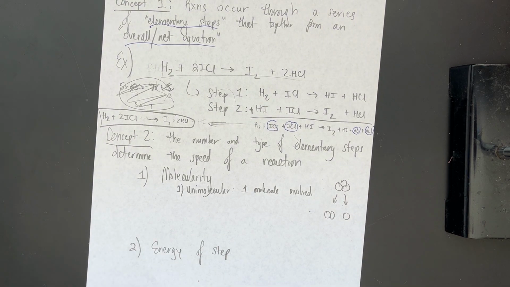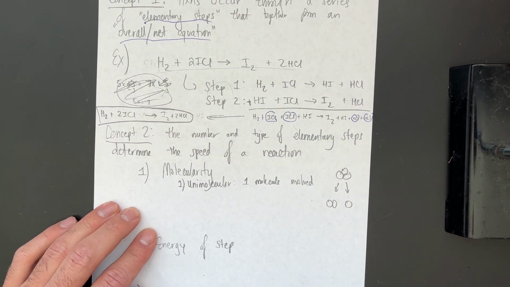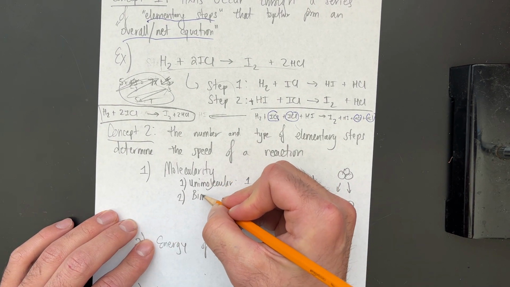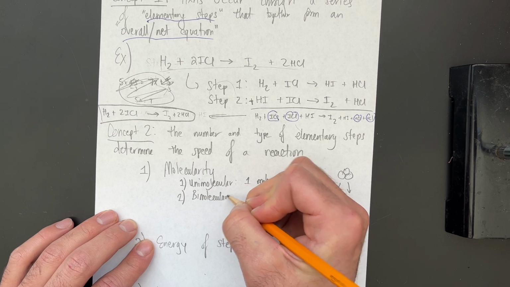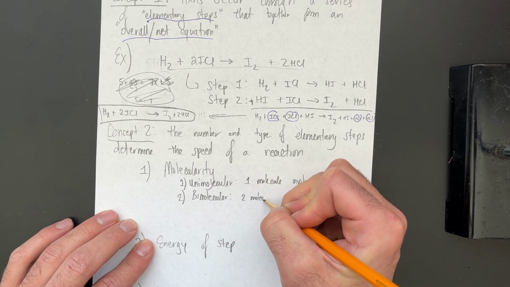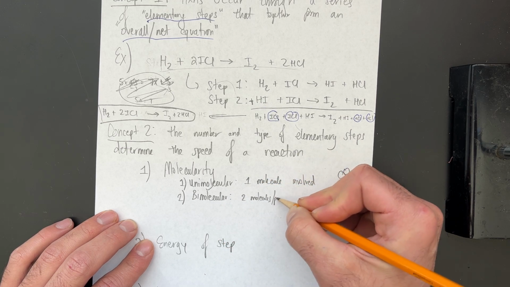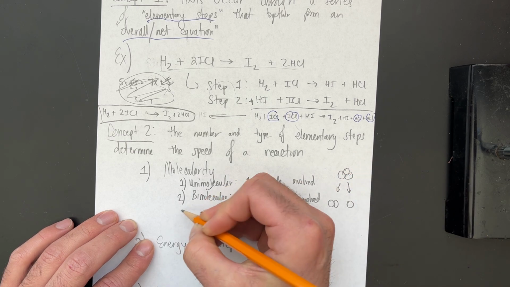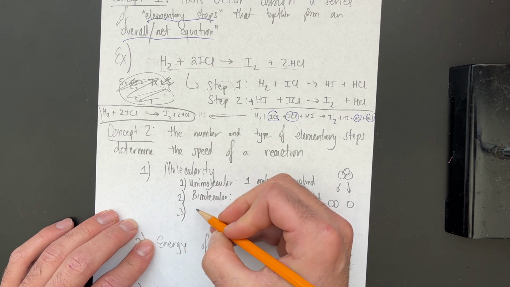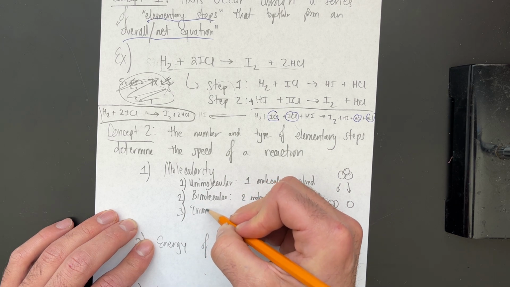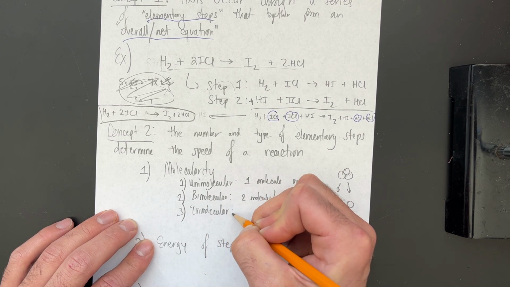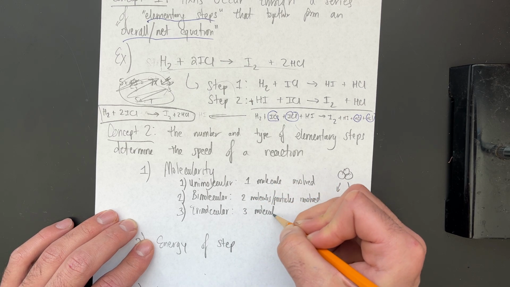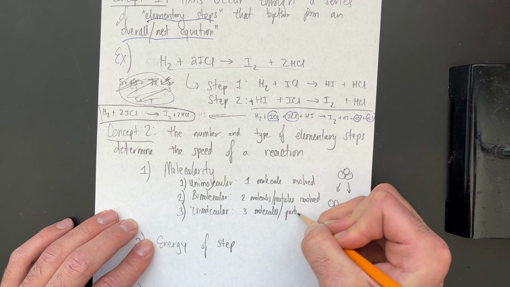That's unimolecular, there's only 1 molecule involved there. You could also have bimolecular, which is when you have 2 molecules, or particles, technically, it could be atoms, involved. And then lastly, you can have trimolecular, where we have, take a wild guess, 3 molecules or particles involved.